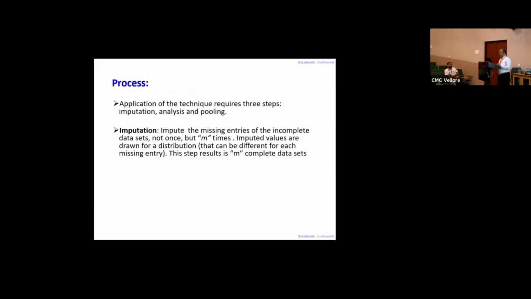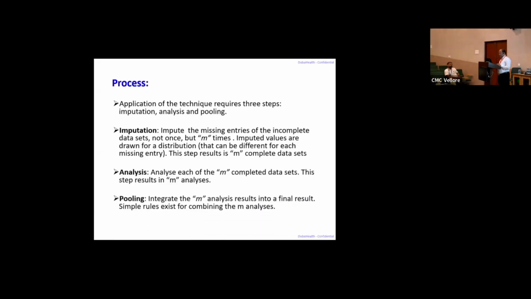Imputation means imputing the missing entries in an incomplete data set, not once, but m times, usually 3 to 5 times. We use it 5 times. Imputed values are drawn from a distribution that can be different for each missing entry. So it generates 5 data sets. I'll show you the flow chart of that concept.